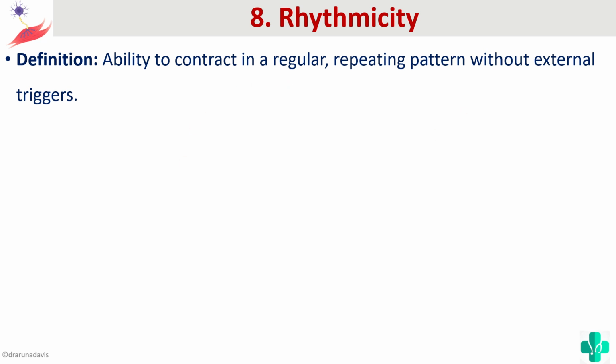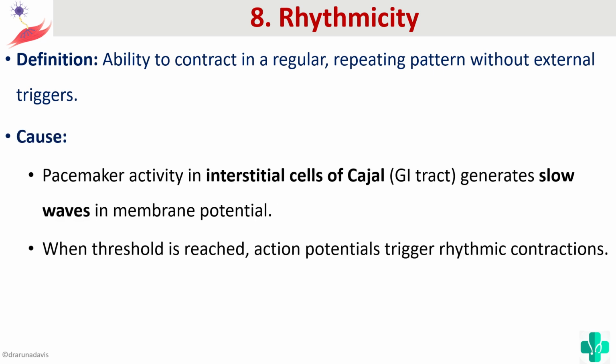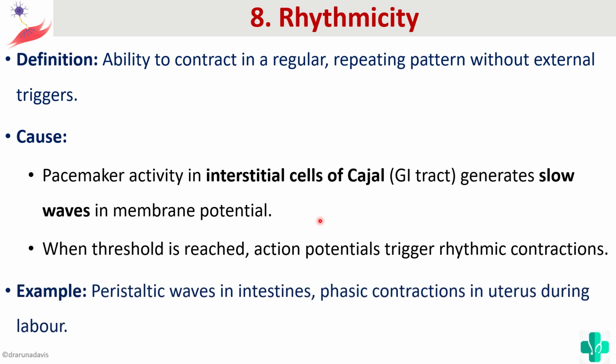They have the ability to generate slow waves in membrane potential, and when a threshold is reached, an action potential can be triggered. A good example of this would be the peristaltic waves in the intestine and the phasic contractions in the uterus. So smooth muscles also have rhythmicity, and the pacemakers are the interstitial cells of Cajal.